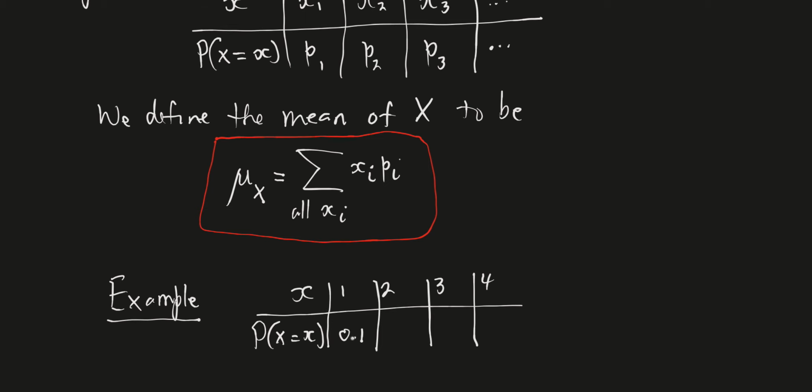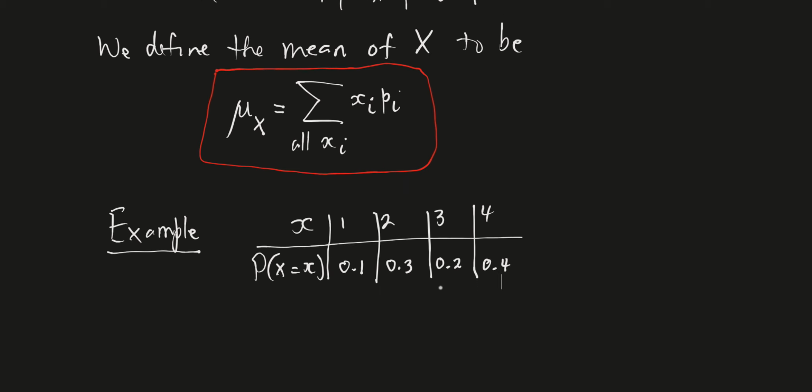The probability that it's equal to 2 is 0.3. The probability that it's equal to 3 is 0.2. And the probability that it's equal to 4 is 0.4. All right, so there we have our PDF.